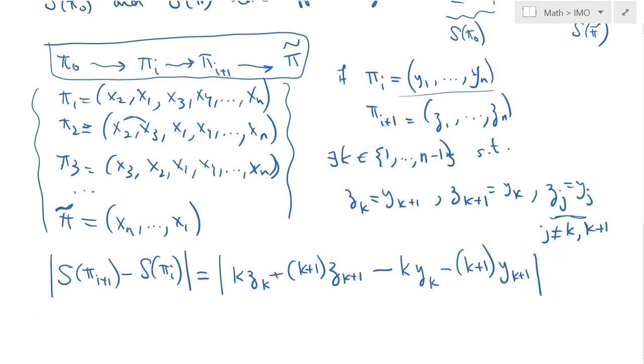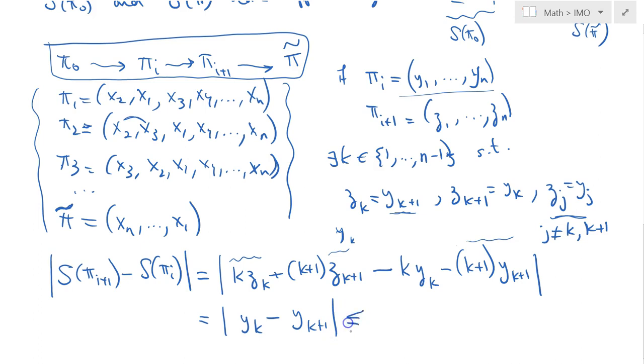Okay, and now that should simply be equal to, if you just organize it carefully, so here we have k z sub k, but if z sub k was equal to y sub k plus 1, we have k y sub k plus 1 and minus k plus 1 y sub k plus 1, so we have minus y sub k plus 1 here, and then each one here is equal to y sub k, so we have k plus 1 of it minus k of it, so therefore we have y sub k minus, and earlier we said there was one more here, plus y sub k plus 1 of it.